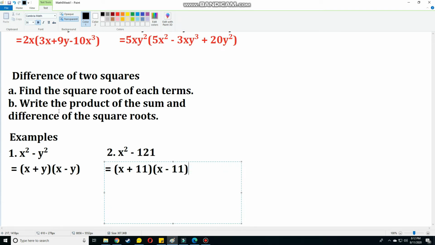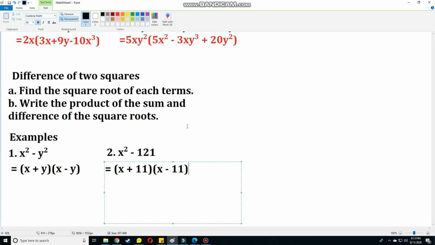Okay, so write the product. That's why we have the two quantities, the product. By the way, if they are enclosed in parentheses, it means that it is a product. We would apply multiplication in this one. Write the product of the sum, x plus 11, and the difference, x minus 11, of the two square roots.